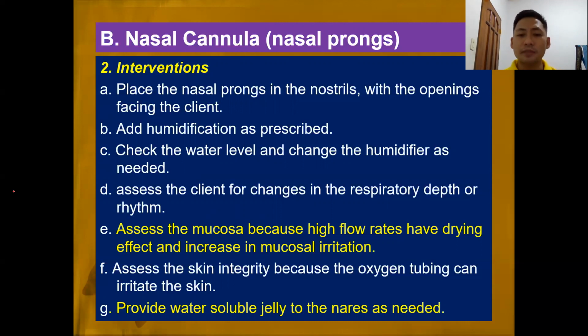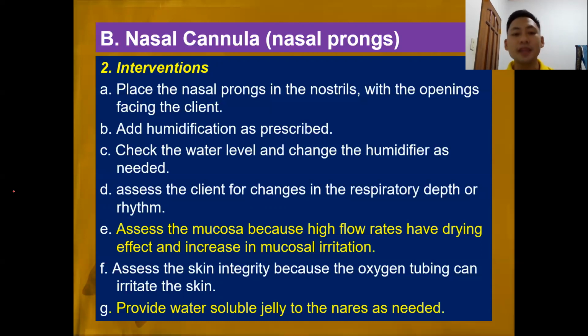Assess the mucosa because high flow rates have a drying effect and increase mucosal irritation. You also have to assess the skin integrity because the oxygen tubing can irritate the skin. So make sure you also check the tubing that is wrapping around the cheek of the client, as it might be causing pressure and irritation.